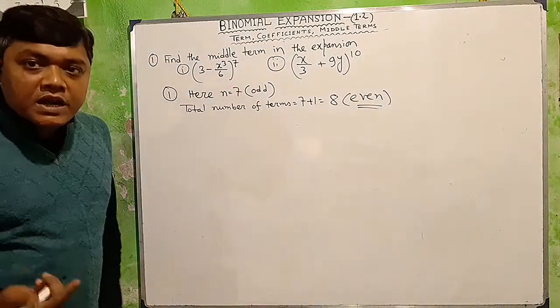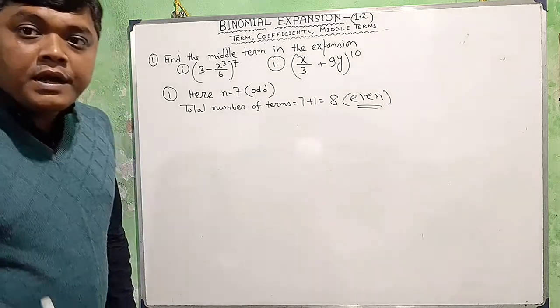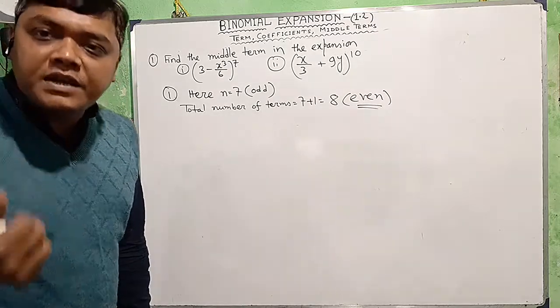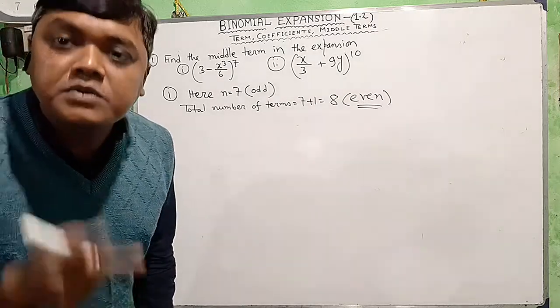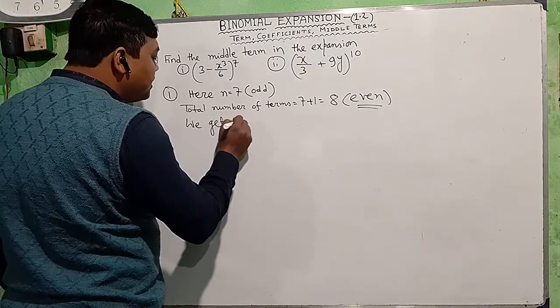When terms are even, or n is odd, we will get how many middle terms? 2 middle terms. So we get 2 middle terms.